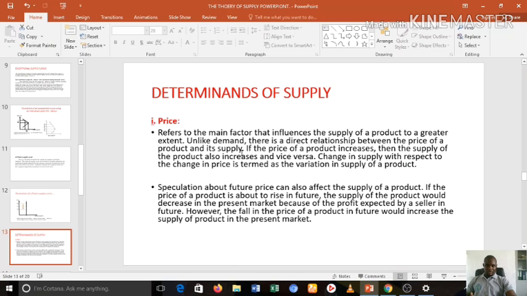Remember we said price and quantity move in the same direction, meaning that the relationship is positive when we're looking at supply. Let's continue. If the price of a product increases, then the supply of the product also increases, and vice versa. All right, it's very simple. It's very simple, guys. That is normal.